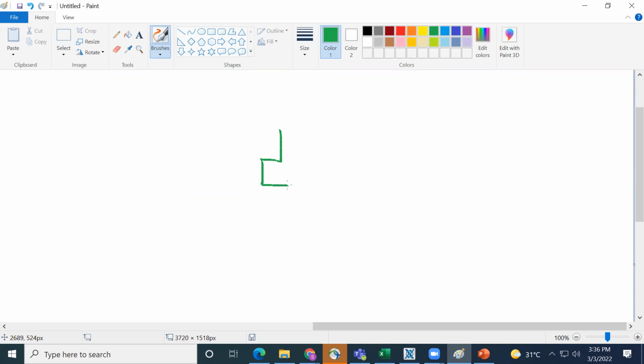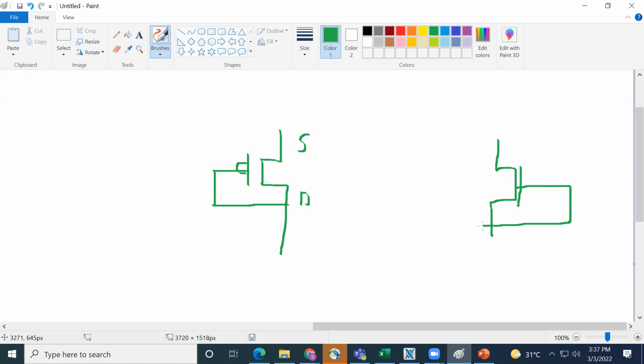Current mirror means, if gate and drain are shorted, that acts as a current mirror, for PMOS or NMOS. For NMOS, this will be your gate and drain. So gate and drain are shorted. This will act as a current mirror.